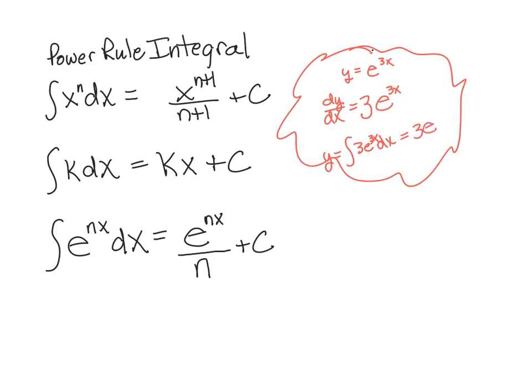I copy the e to the 3x, and I divide by the 3. You see how the 3's will cancel, and we get the e to the 3x that we started with way up here at the top. You see that? So that's why you have to divide by the n. When we get to integration by substitution, which is in 4.5, we'll understand this a lot better.